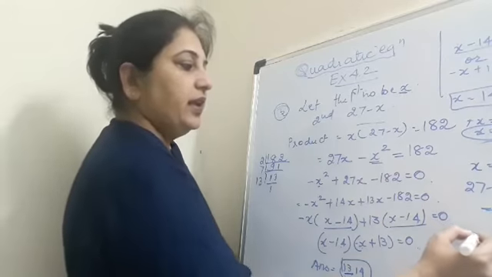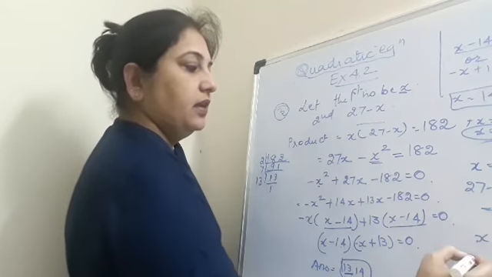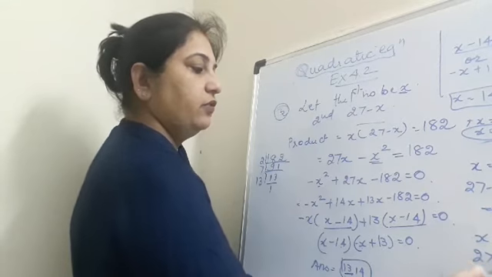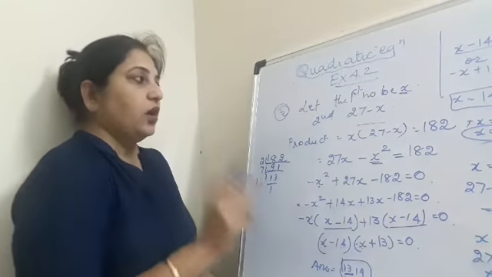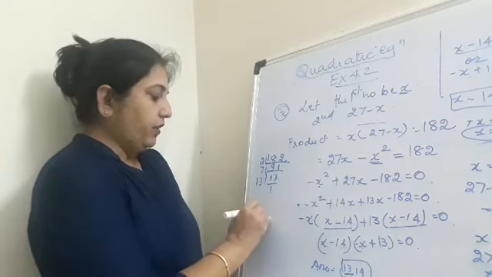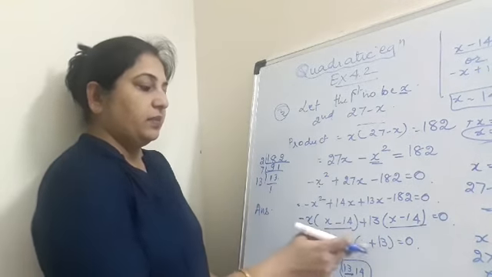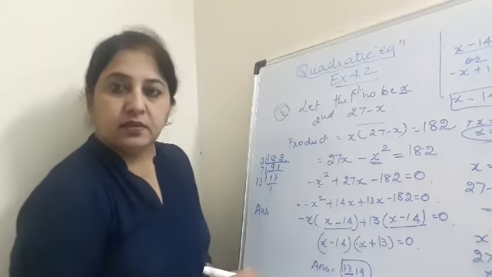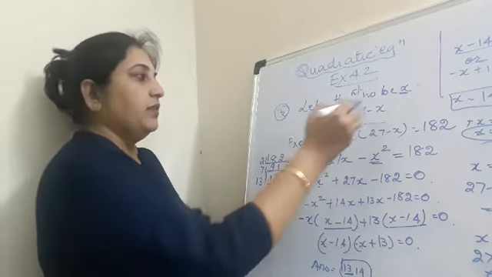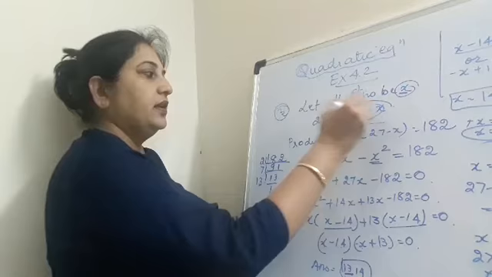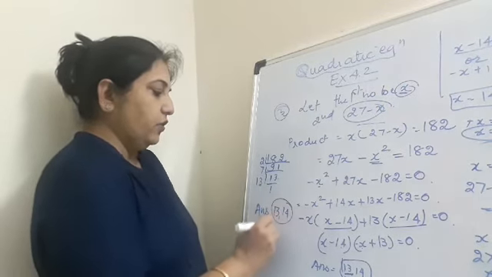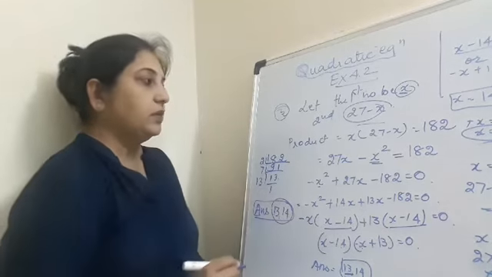And if I take x is equal to 13, then the other number will be 27 minus 13, and therefore the answer will be 14. There are two factors, x minus 14 and minus x plus 13. When we solve, we get 13 and 14 as the roots of the equation. And when I substitute to find the numbers, we get one answer as 13 and one answer as 14. So this completes your question number 3.